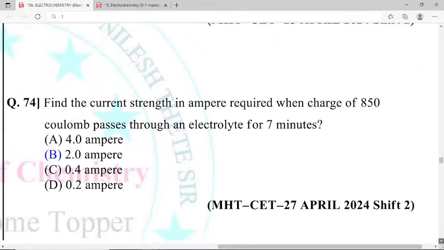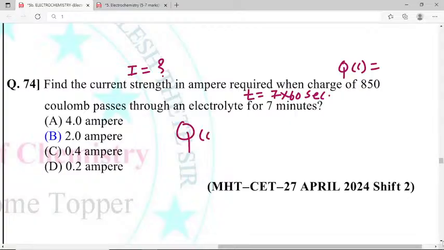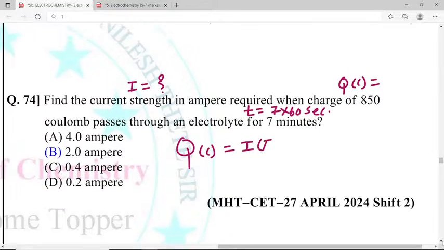Okay, get it? What is the current strength in ampere? So current in ampere is equal to question mark. This is the coulombs, and time T is 7 minutes, 7 multiplied by 60 seconds. So what is the formula? Coulombs is equal to current in ampere multiplied by time in seconds.